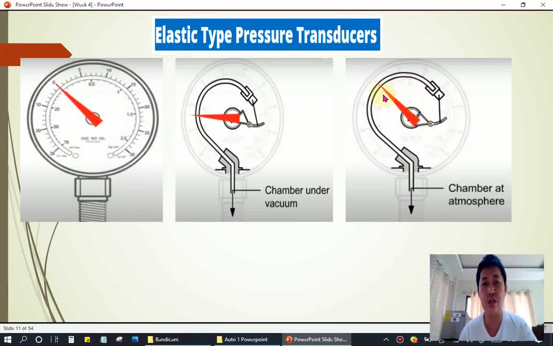As you can see, this one is going up and the vacuum here is going down. So this is an example of an elastic type pressure transducer. It reads pressure.